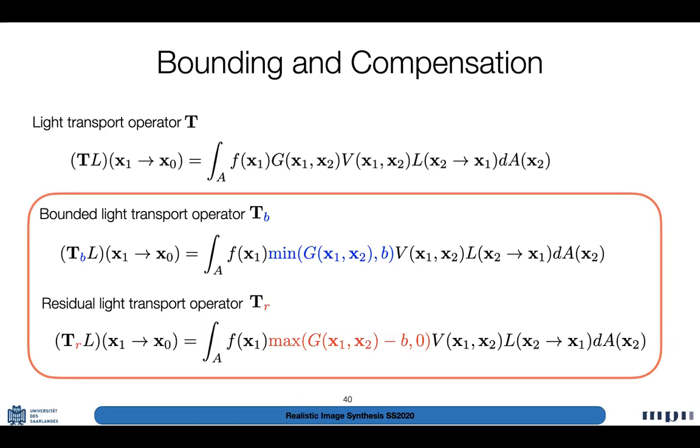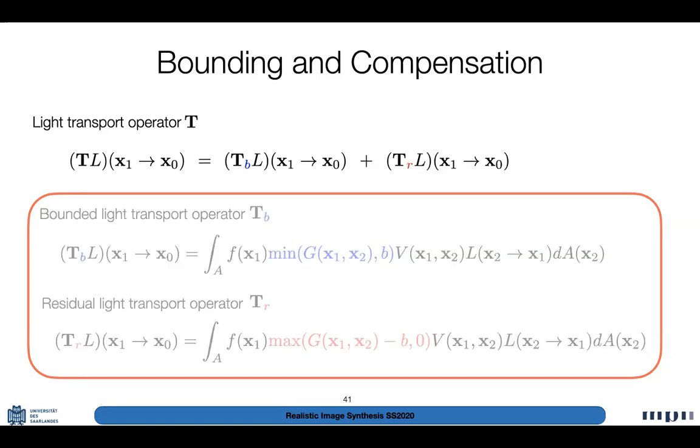Now, given this, the bounding operator and the residual operator, we can write the above light transport operator, which is applied to the radiance, as a sum of the bounded operator on the light transport and the residual operator on the light transport.